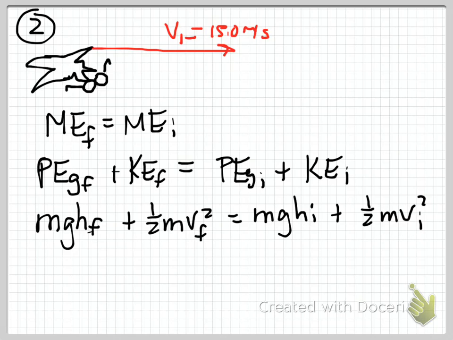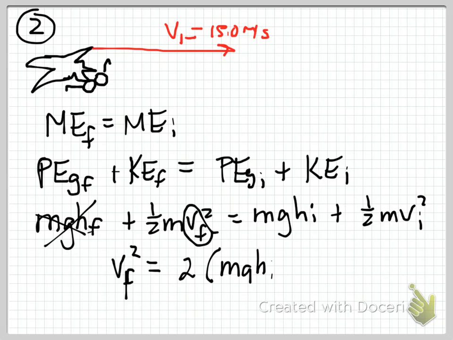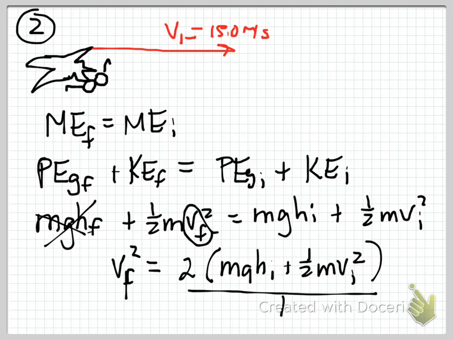Okay, so we've zeroed that now, and we're solving for final velocity. It's just rearrangement, and I'm going to do this in one big giant step: 2 times mghi plus 1/2 mvi squared, all over m, and then to get rid of the squared, we're just going to take the square root.